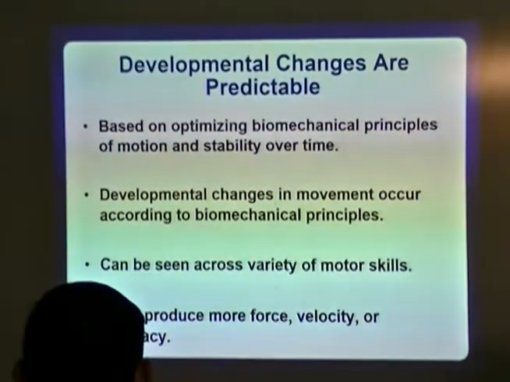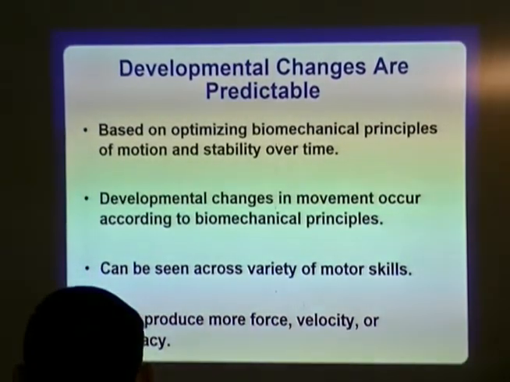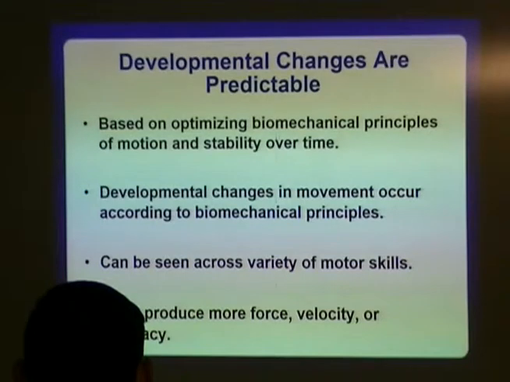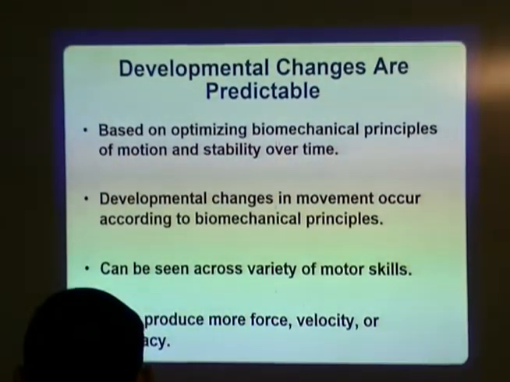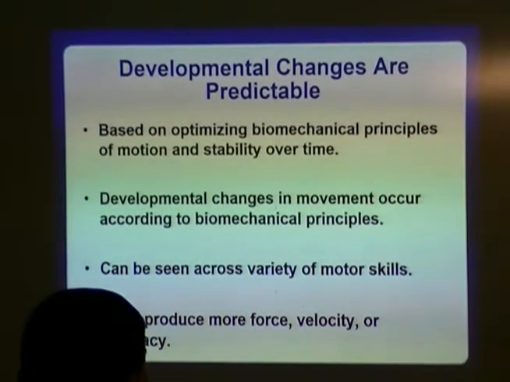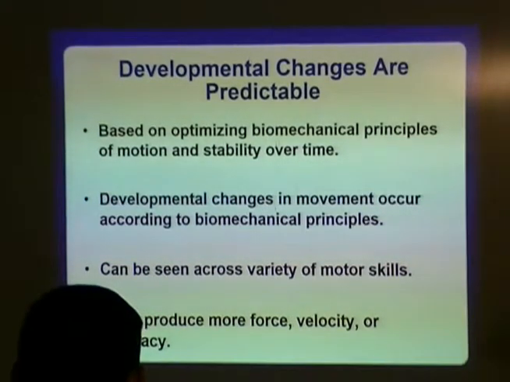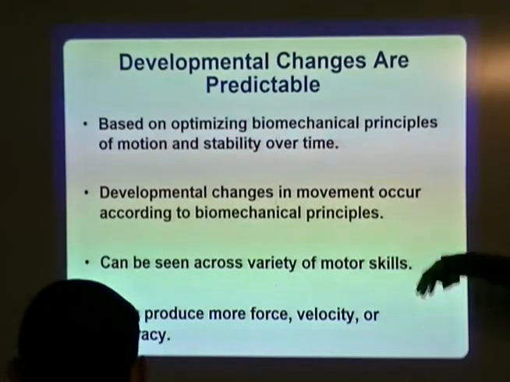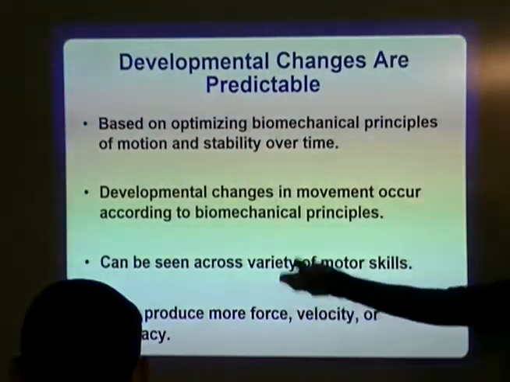So you'll see a lot of variability in movement patterns at that point because the brain experiments. It doesn't know quite what to expect because all of a sudden the arm is 3 inches longer than it was when it learned the skill. So what does it have to do to reproduce a successful skill pattern given this arm that's now much heavier and much longer?